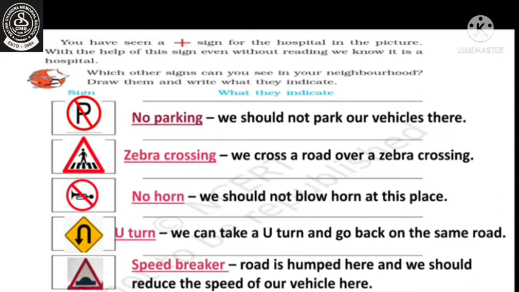Next one is speed breaker. This is a sign where you can see the road is humped and we must reduce the speed of our vehicle here. Means we must slow down our vehicles here in front of the speed breaker so that we can avoid accidents. Alright.